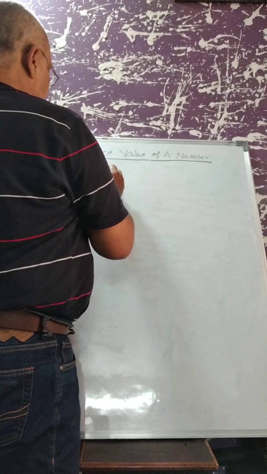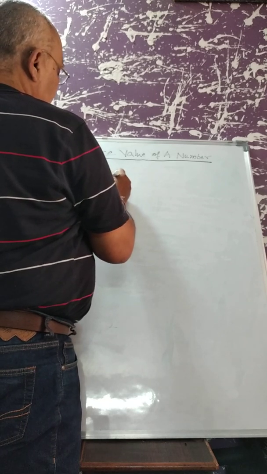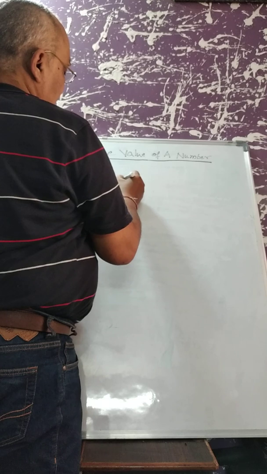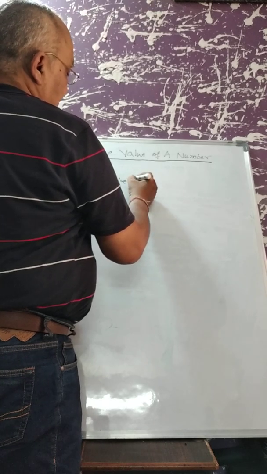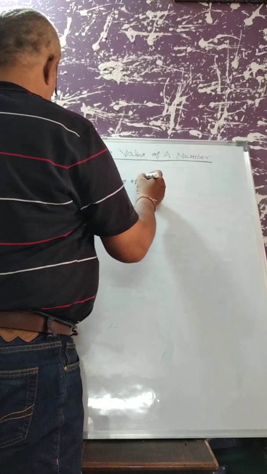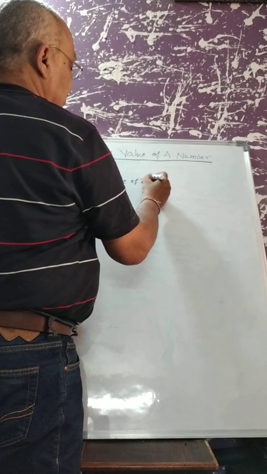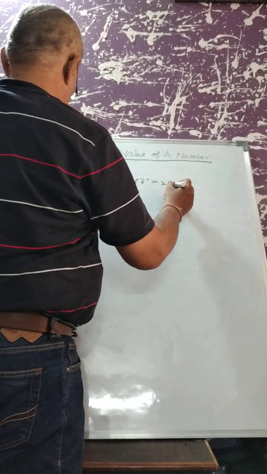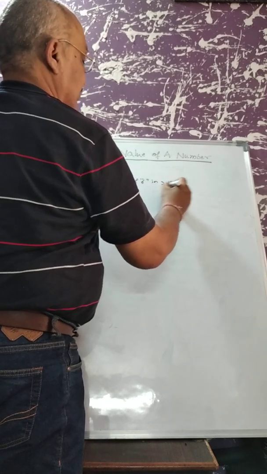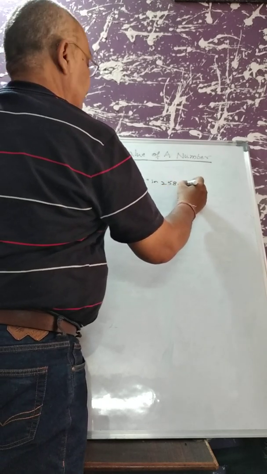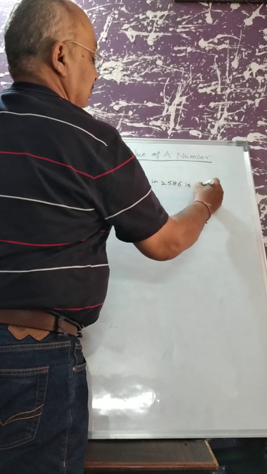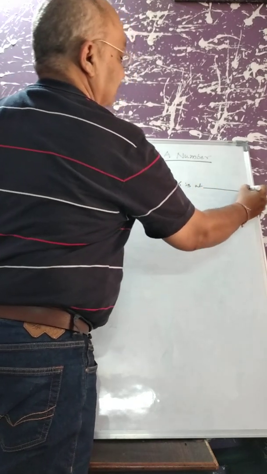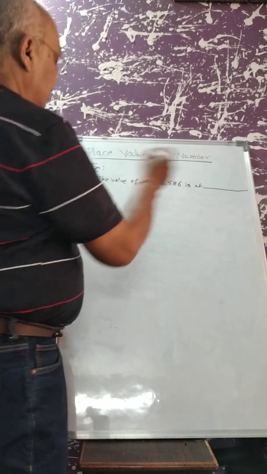What is the place value given in a number. Place value of 6 in 2586 is at, and this blank space is given, and that you have to fill.